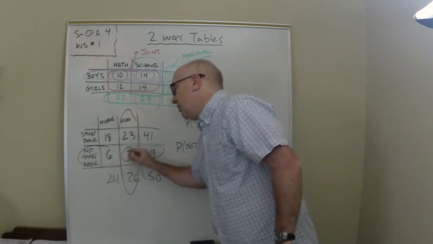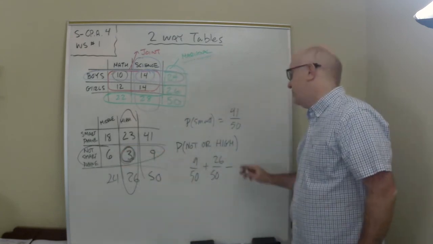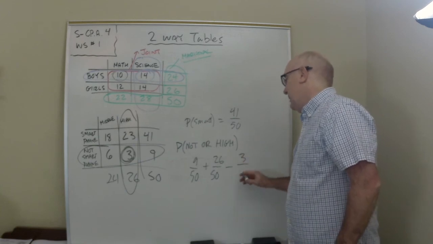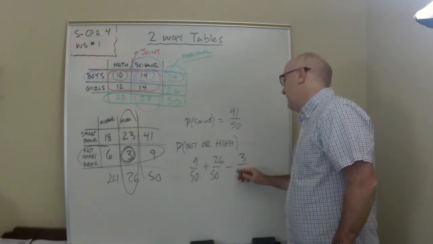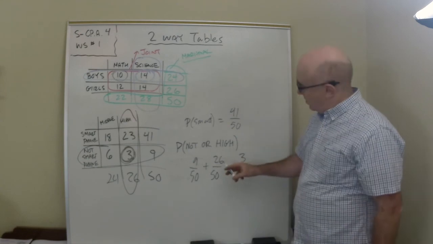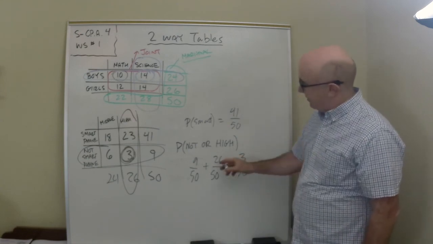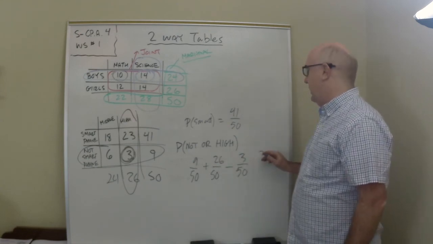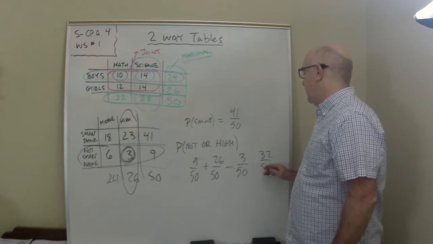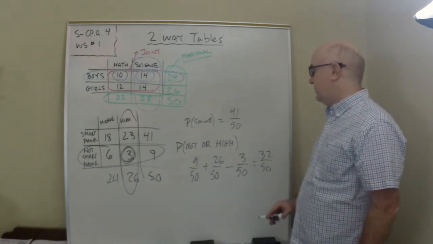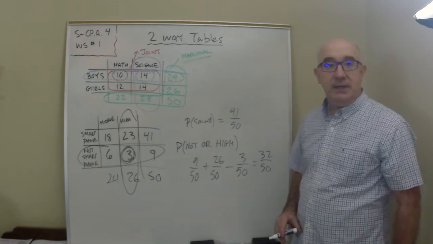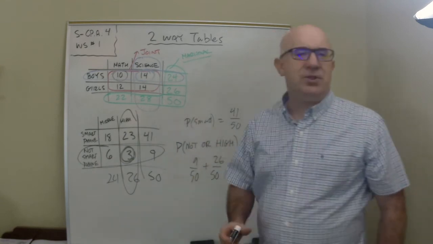But this number 3 got double counted. The intersection got double counted, and so we've got to subtract it out. So we get 23 and 9. I think we get 32 is our answer out of 50. So these are super powerful.